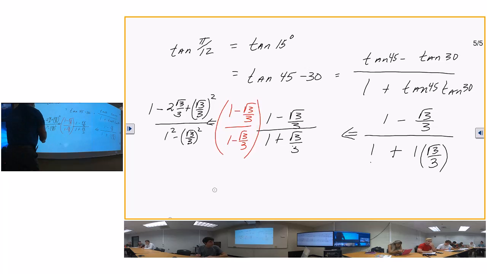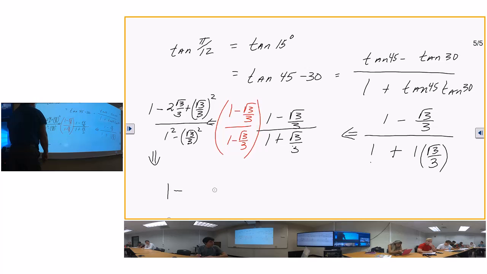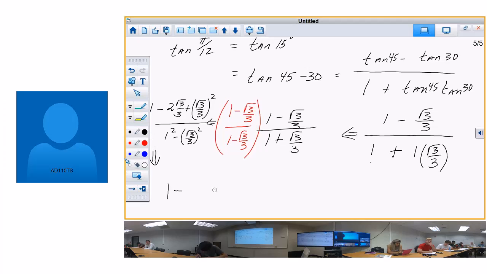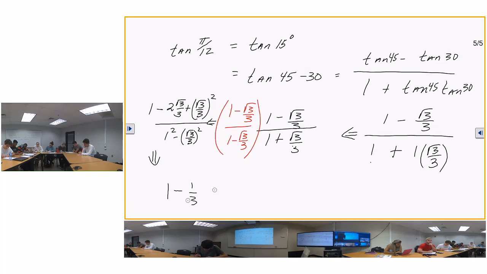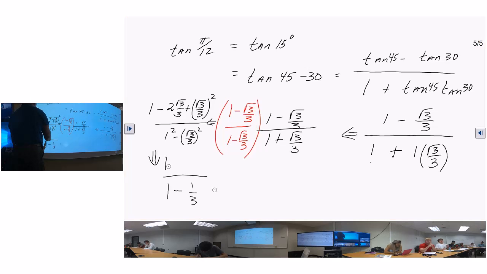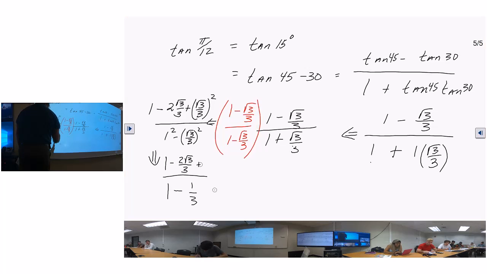And the bottom is going to be 1 minus, what's the square root of 3 quantity squared? 3 over 9, which reduces down to what? 1/3. And the top is going to give you 1 minus 2 square root of 3 over 3. And the square root of 3 squared is going to be 3 over 9, which is 1/3.